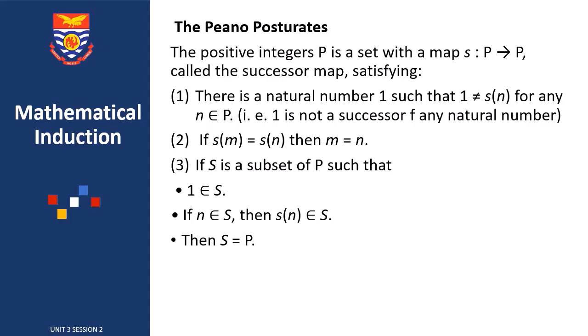Second, if the successor of m equals the successor of n, then m equals n. Third, if S is a subset of P such that 1 is a member of S, and if n is a member of S then the successor of n is a member of S, then S equals P. We've done this already, and I think we also looked at the proof.